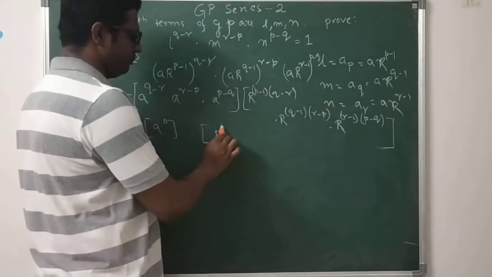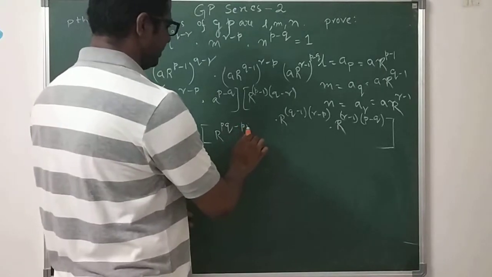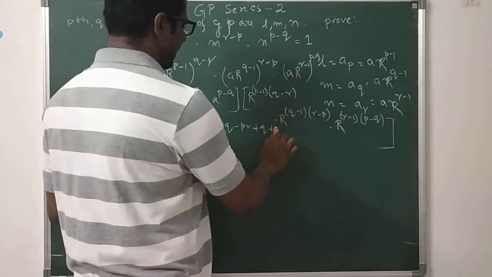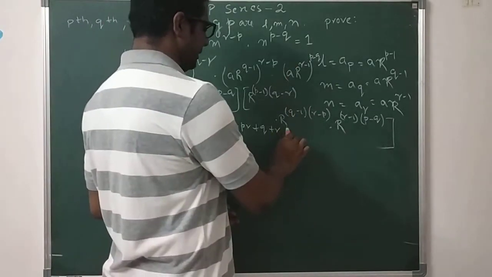So PQ minus PR plus Q plus R. Okay, I am adding it completely, not skipping anything.